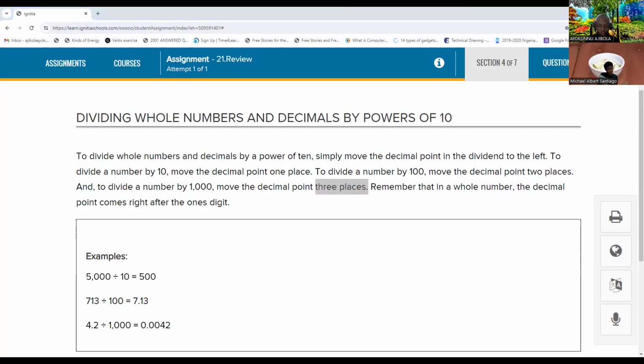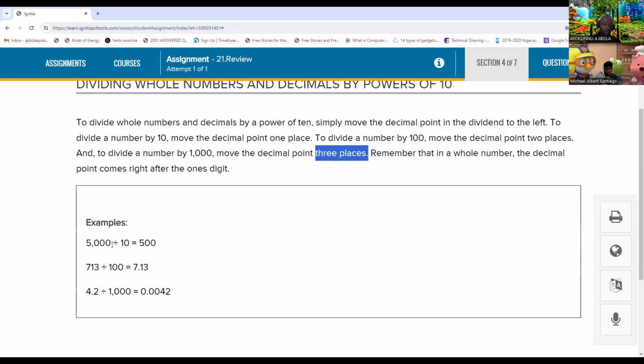So that is the exact thing to do when you're dividing by powers of 10, okay? Or let's say by multiples of 10. So with this, 5,000 divided by 10, you decimalize at the back, move it once, then you have 500. Is that clear?